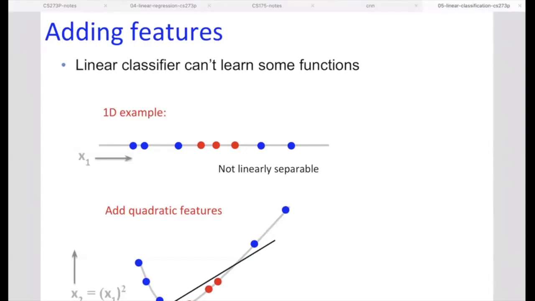So for instance, here is an example to illustrate that point. Suppose you only have one-dimensional samples. You only have 1 feature, that's your X1. Within this one-dimensional feature space, you have 3 dots labeled +1, and you have blue ones labeled -1.